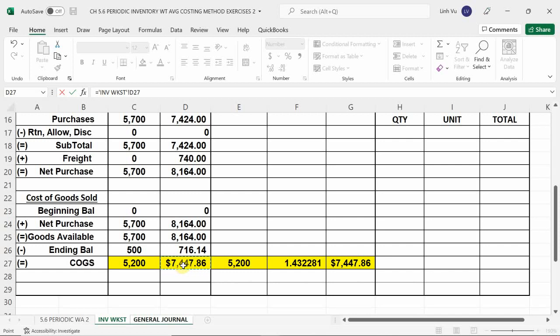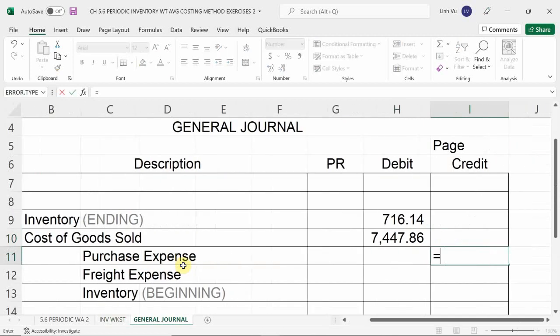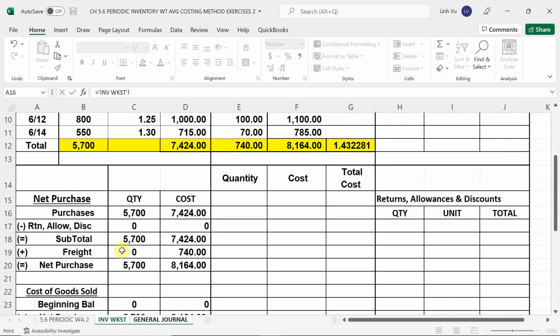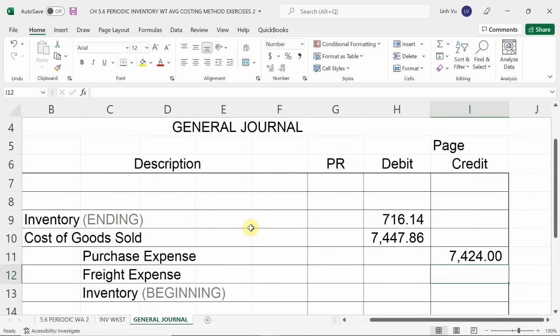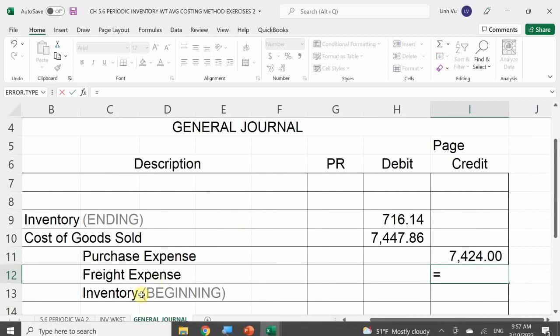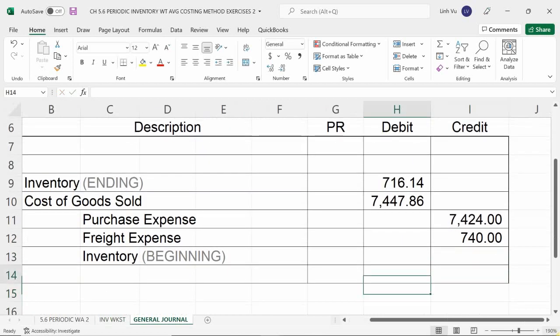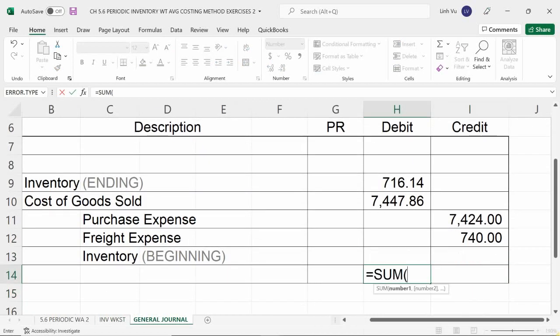Good. What was my total purchases? $7,424. Good. And what was my total freight? $740. 740.